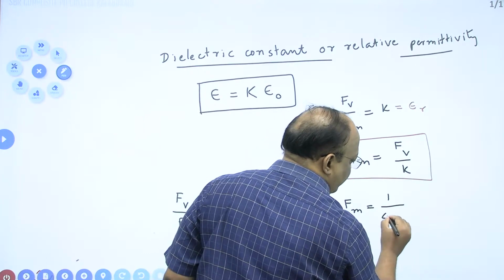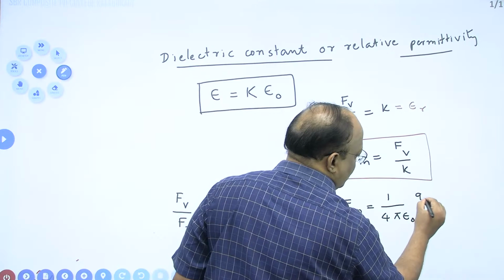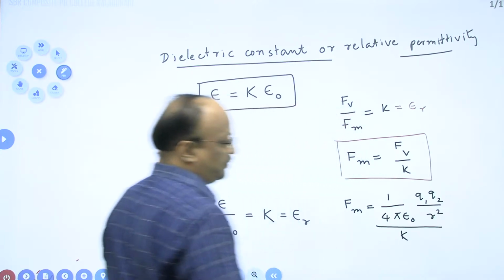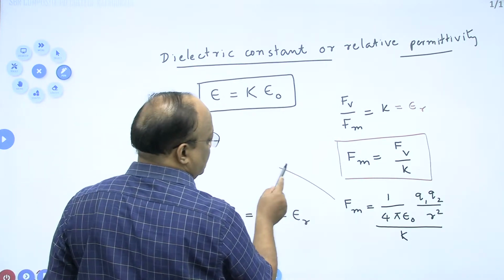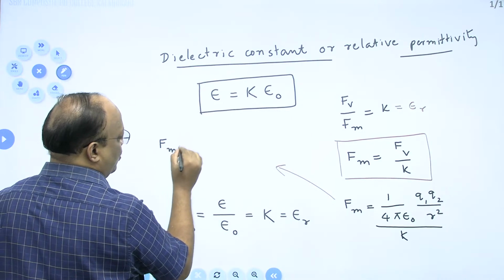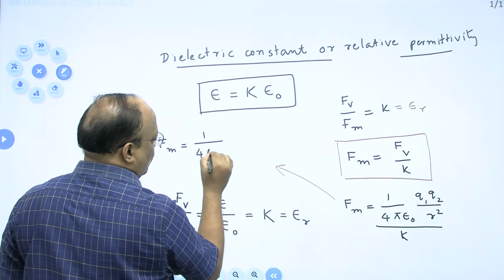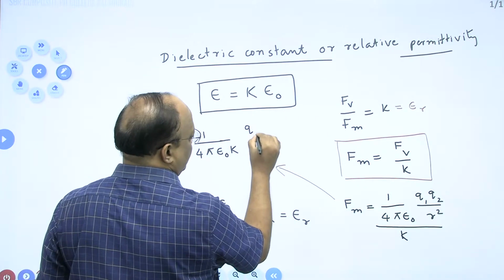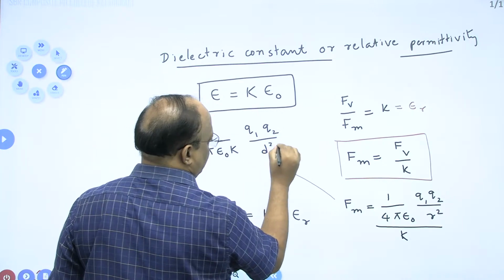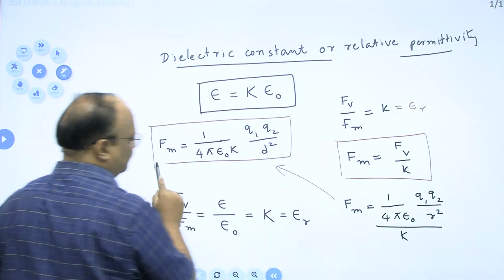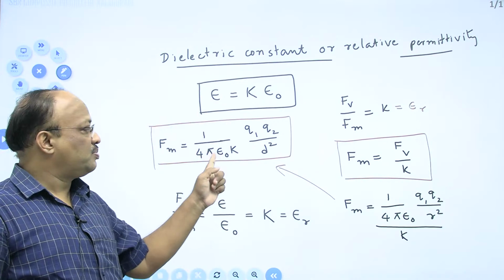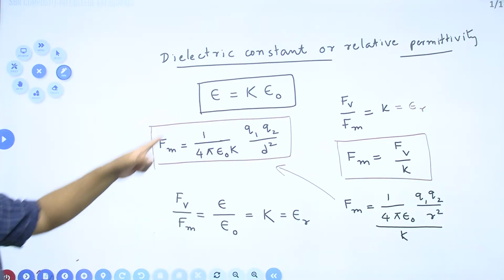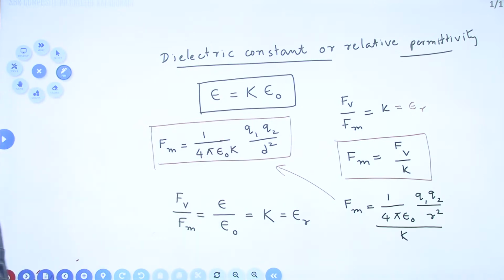I will write it as 1 by 4 pi epsilon naught, Q1 into Q2 by R square, whole divided by K. So I will write this as: force in a medium, Fm, is equal to 1 by 4 pi epsilon naught K, into Q1 Q2 by D square. In place of epsilon, you are substituting epsilon naught into K.